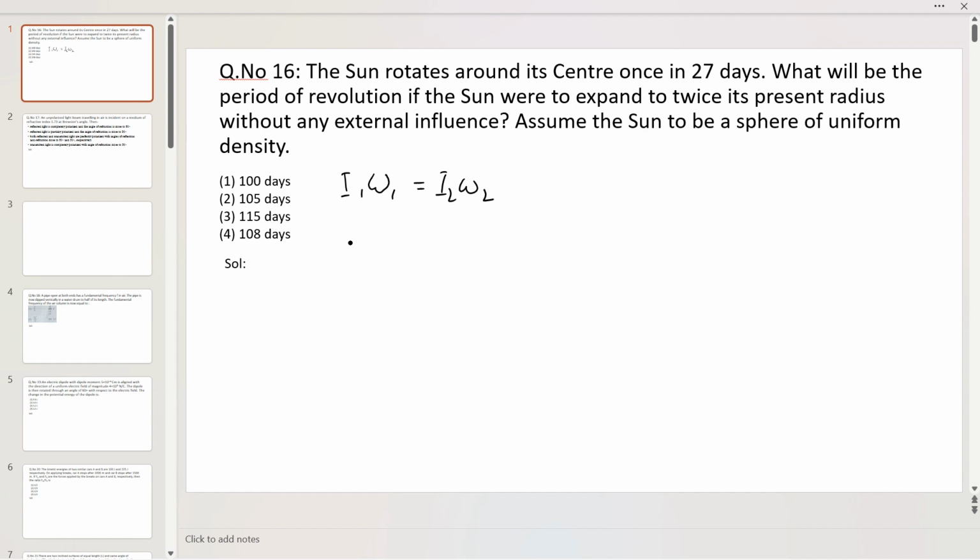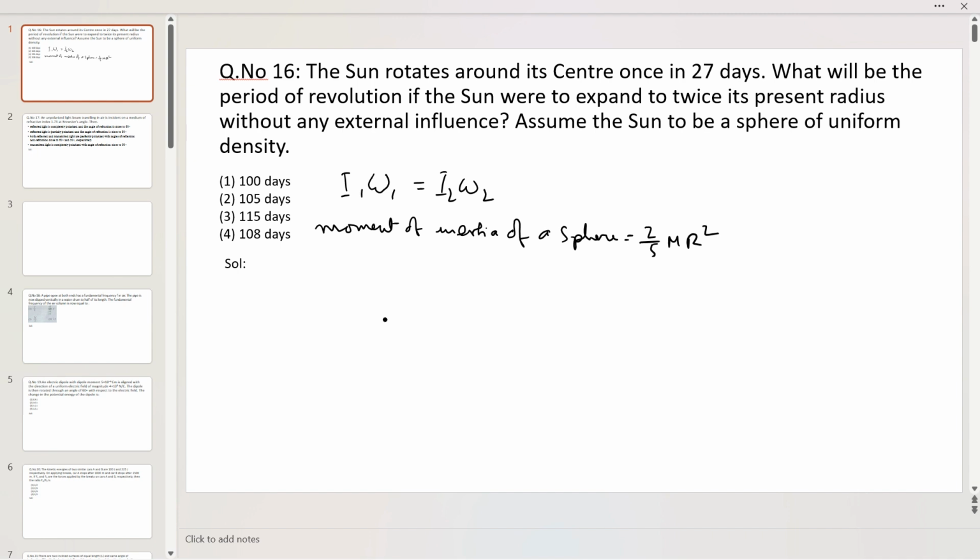The moment of inertia of a sphere is equal to 2 by 5 m r square.